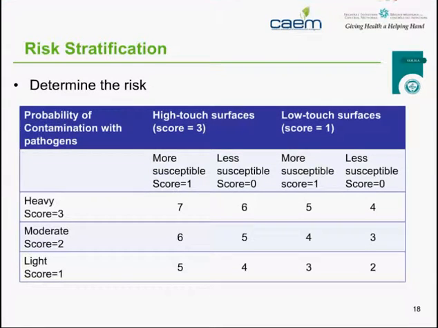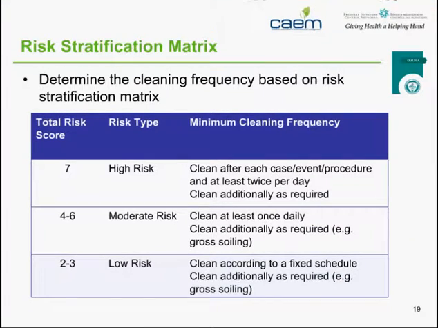Based on the probability of contamination and the susceptibility of your clients, patients, and residents, you can then use this chart to come up with a total score that can help determine the frequency of cleaning by using the chart on the next slide. This chart will then provide guidance on the frequency of cleaning.